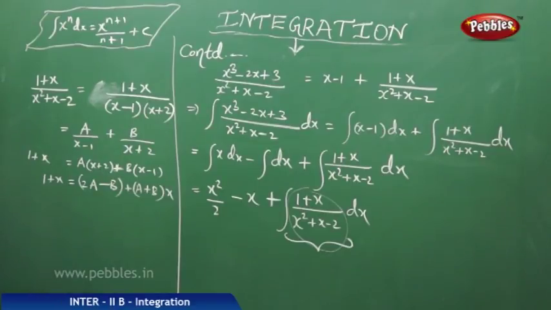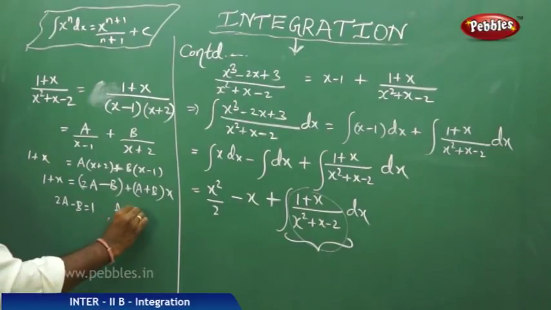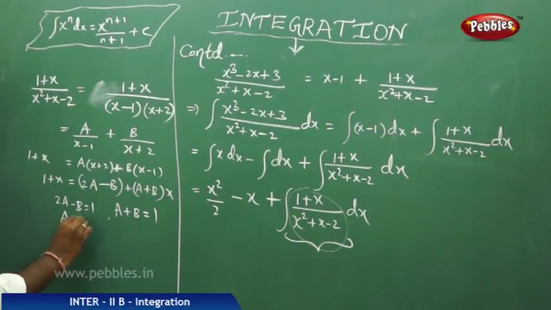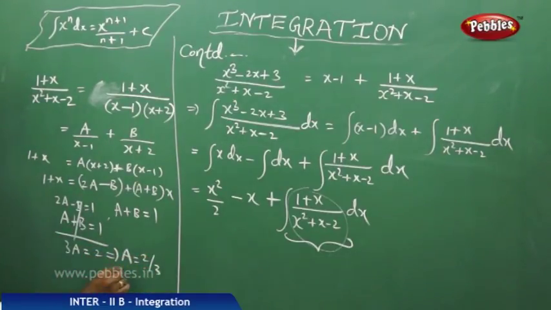Now comparing the like coefficients, 2a minus b is 1 and a plus b is also 1, and then using the elimination method we get 3a equals 2. That implies a is 2/3 and b will be 1 minus 2/3, which is 1/3 when I substitute a in one of the equations. So I got a and b, and hence my partial fraction.